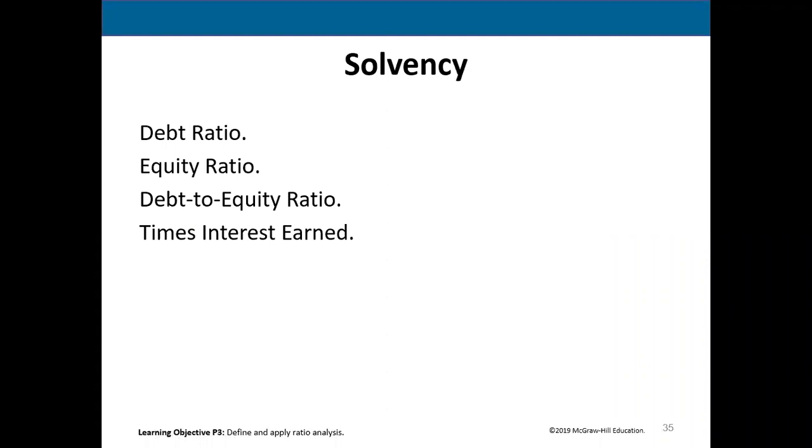Solvency, the next set of ratios. The key ones are the debt ratio, equity ratio, debt to equity ratio, and times interest earned. Remember, these are measuring the ability of the company to pay off long-term or overall debt. Can they do it? And if they can, that means they'll continue to operate and be solvent.